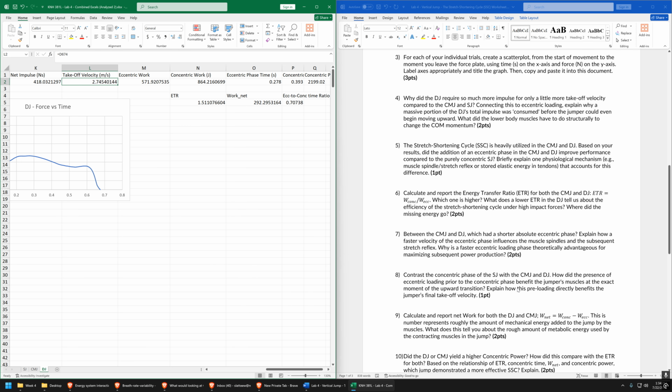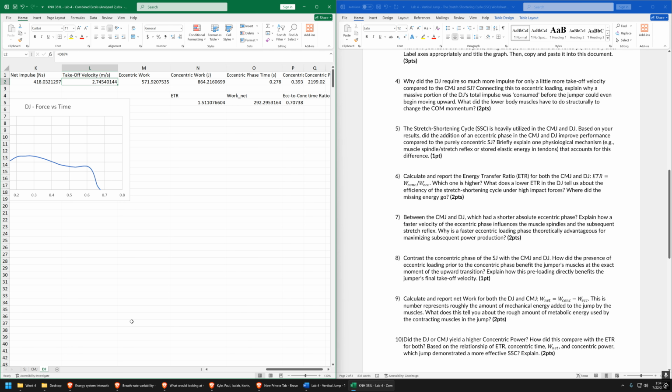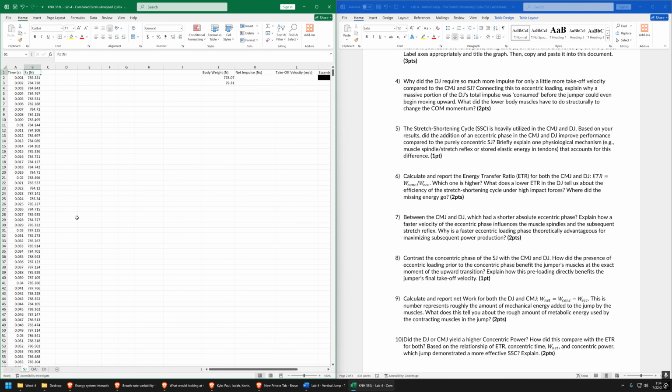Something kind of interesting: the muscles generated about the same work between the two, so the rest comes down to the energy in the system, the energy in the tendons, and such. The squat jump, let's zoom in here.